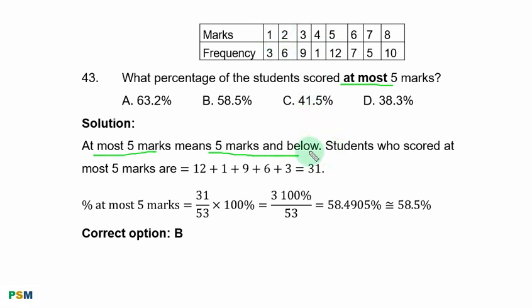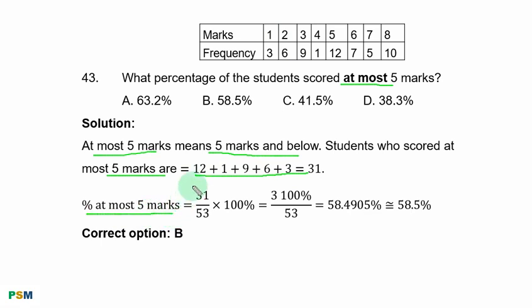Students who scored at most 5 marks are those that scored 5 marks, 12 in number, 4 marks, 1, 3 marks, 9, 2 marks, 6, 1 mark, 3. You add them together and you have 31.